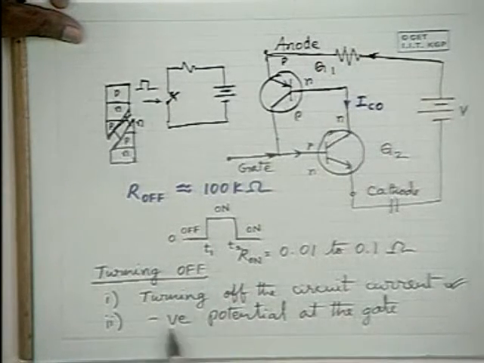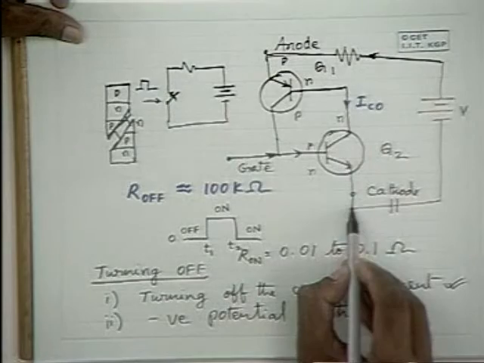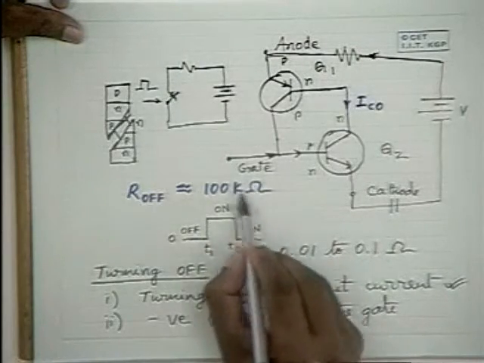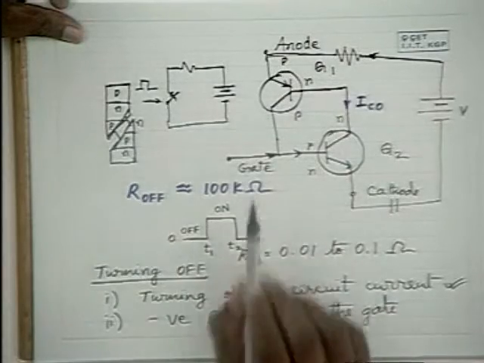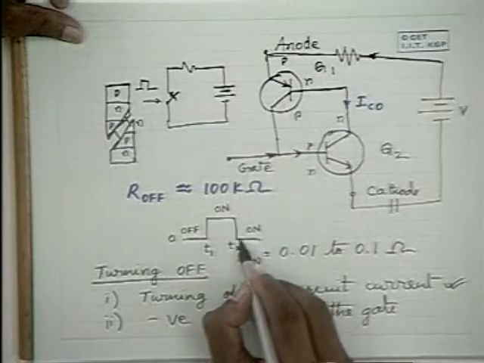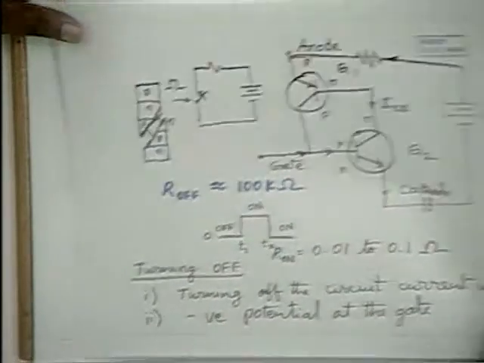Similarly, when a negative potential is applied to the gate, that means to the gate with respect to the emitter of Q2, then initially say it is an on condition, like it is here now. Let me draw it separately.